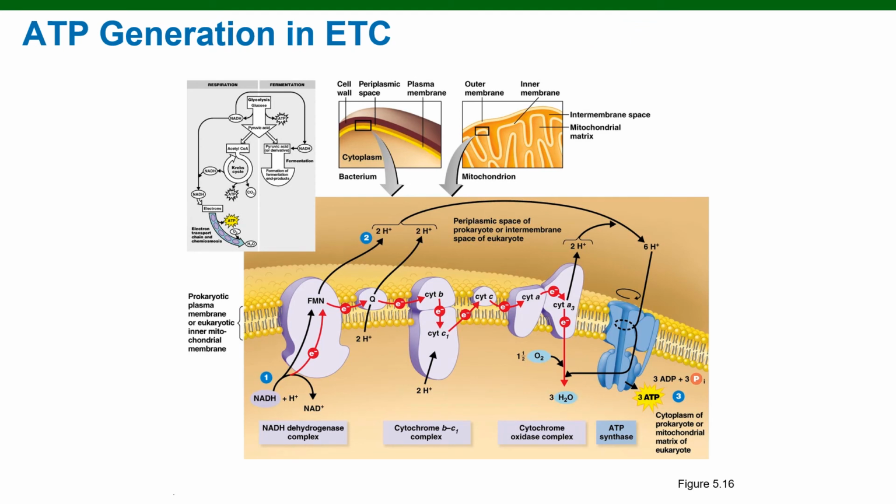Here's an illustration of what the electron transport chain looks like. Complexes 1 through 4 are not officially labeled here, but are actually illustrated with their technical names. So FMN means flavin mononucleotide. The Q here stands for quinones, and then CYT stands for various cytochromes.